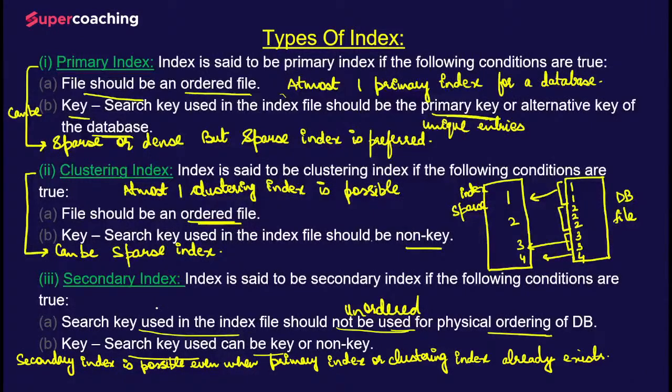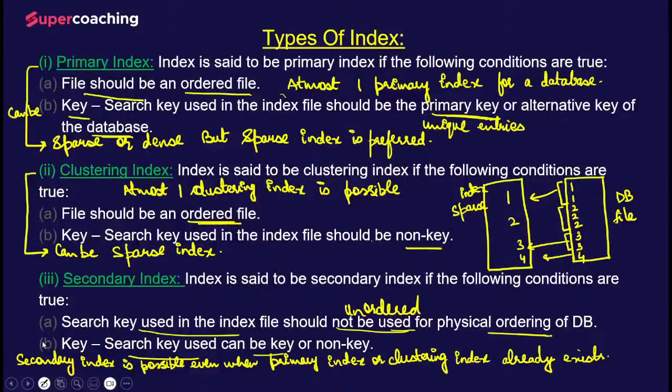Okay, so this secondary index, क्योंकि file unordered है, तो we do not know where the entries are available. So this means that we have to store each and every entry in the file. So this secondary index is always the dense index. Correct? Make sense?